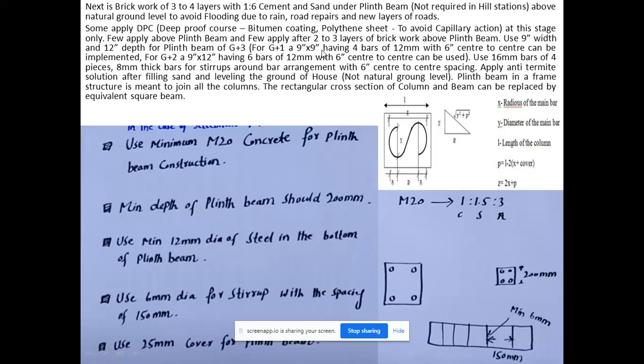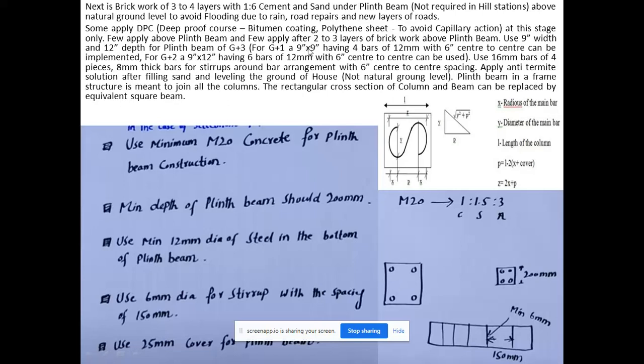So at this stage only, during the plinth level itself, some people apply DPC and few apply over the plinth beam and few apply after 2 to 3 layers of brick construction above the plinth beam. Basically use 9-inch width and 12-inch depth for plinth beam of G+3.